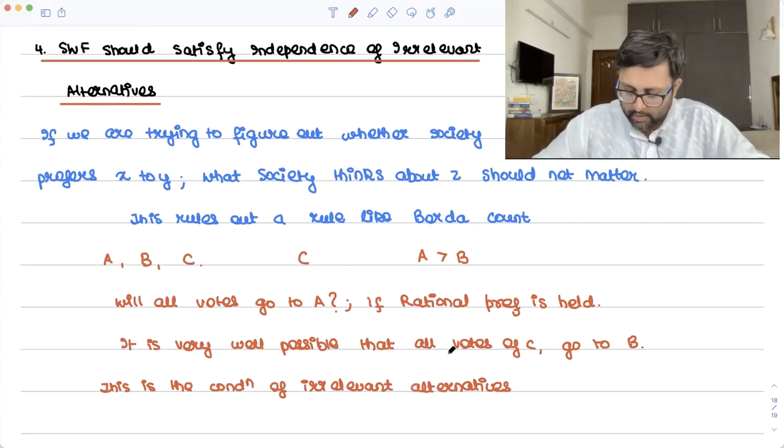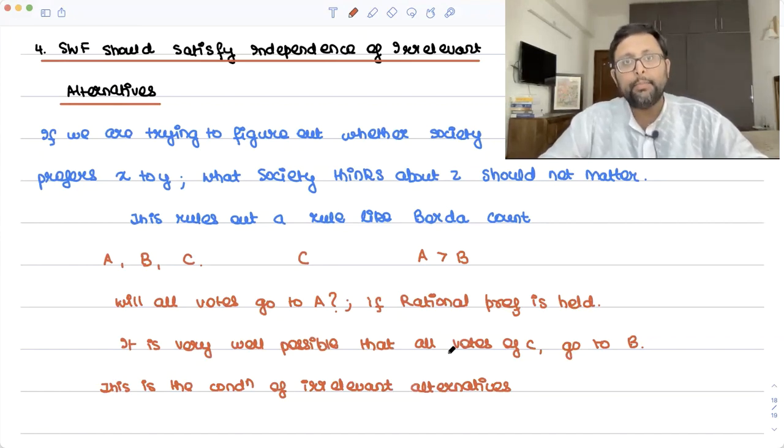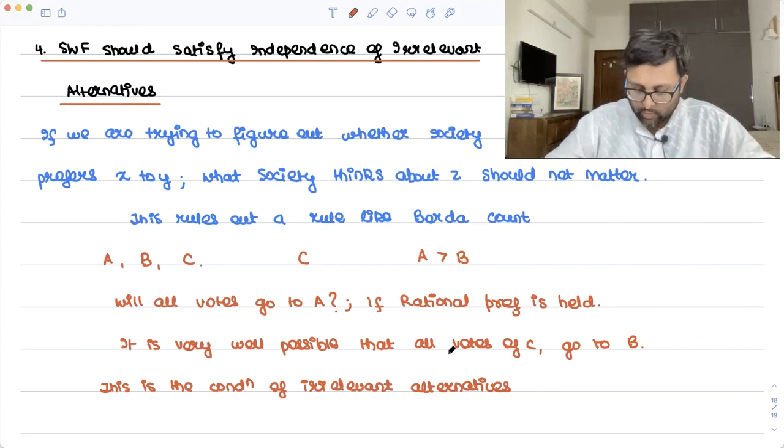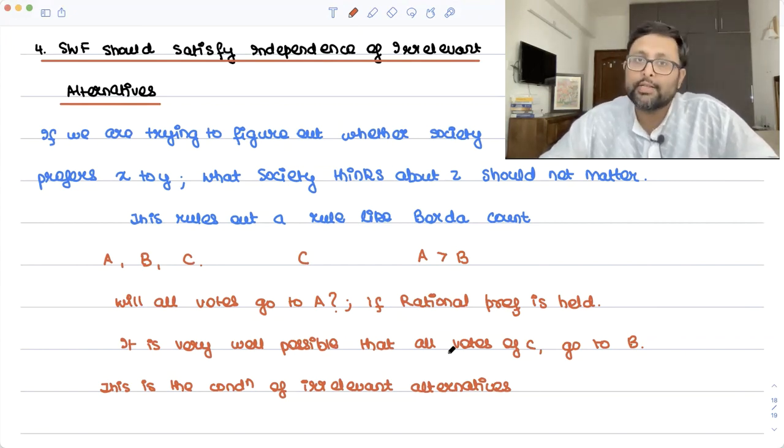I mean, they've completely skewed the results. A is better than B is better than C, so A should be better than C if the rational preference is held. But people who were liking C, instead of voting for A, voted for B. And B comes out as the winner, right? This happens in our country. In the multi-party system, it happens always, right?